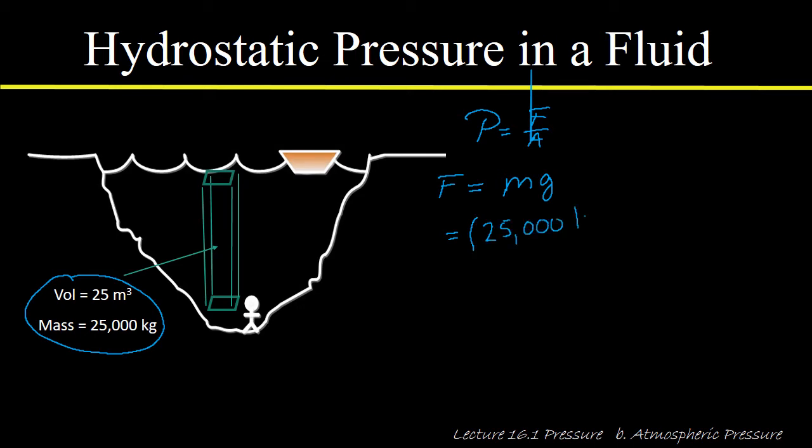So this is going to be 25,000 kilograms times 9.81 meters per second squared. Which gives us, let's see, 245,250 kilograms meters per second squared.